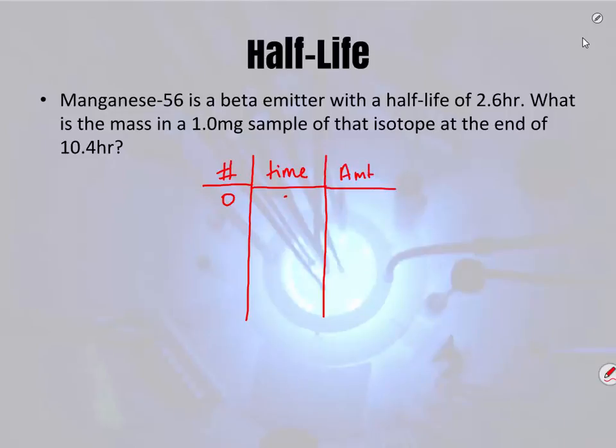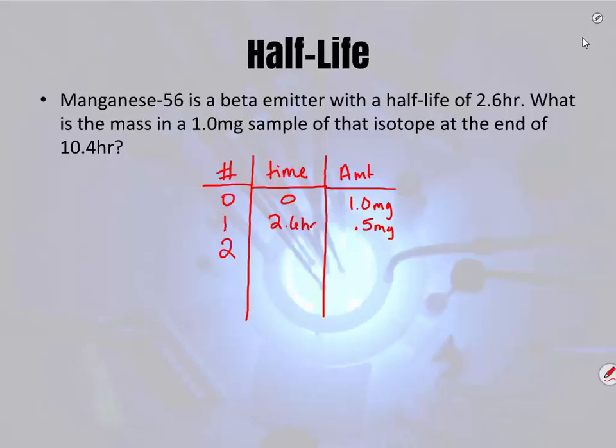At time 0, when 0 half-lives have gone by, I'm starting with a 1 milligram sample. After 1 half-life, which is 2.6 hours, I'm going to cut my sample in half, so I have 0.5 milligrams left. Now I need to go until my time says 10.4 hours.